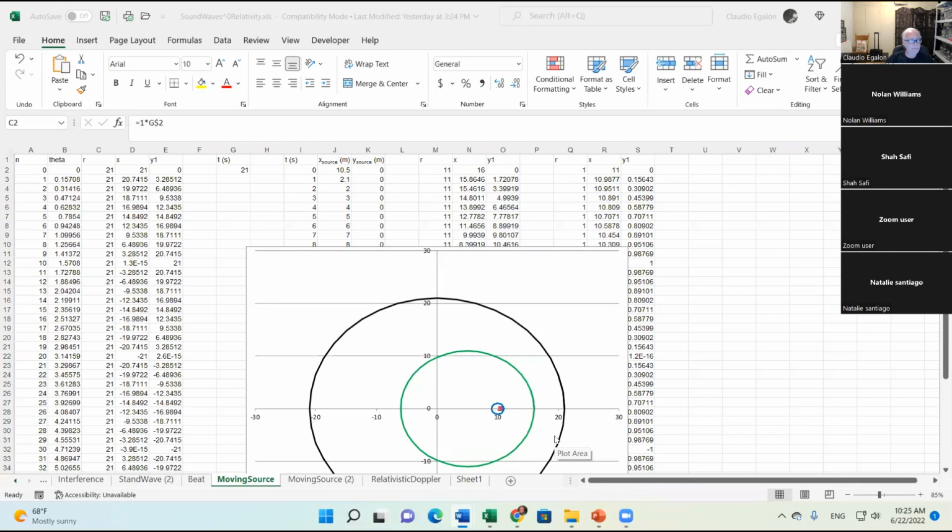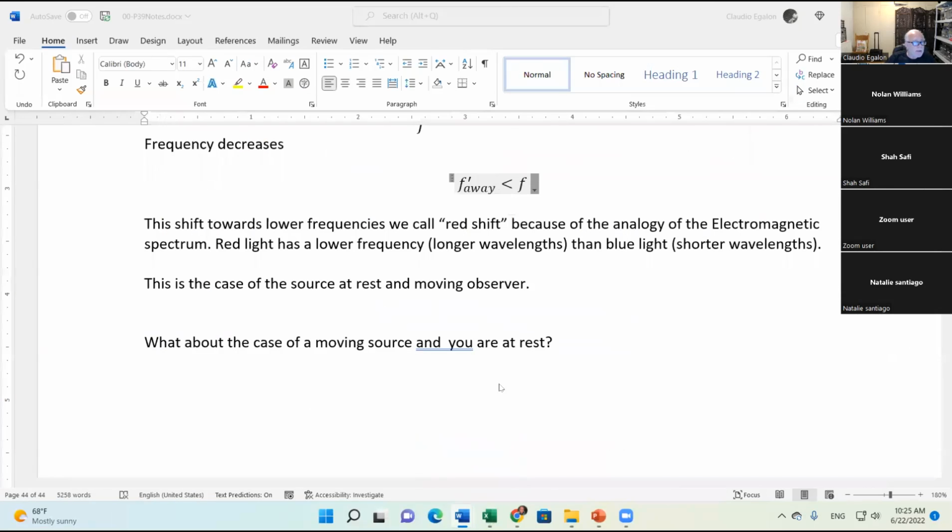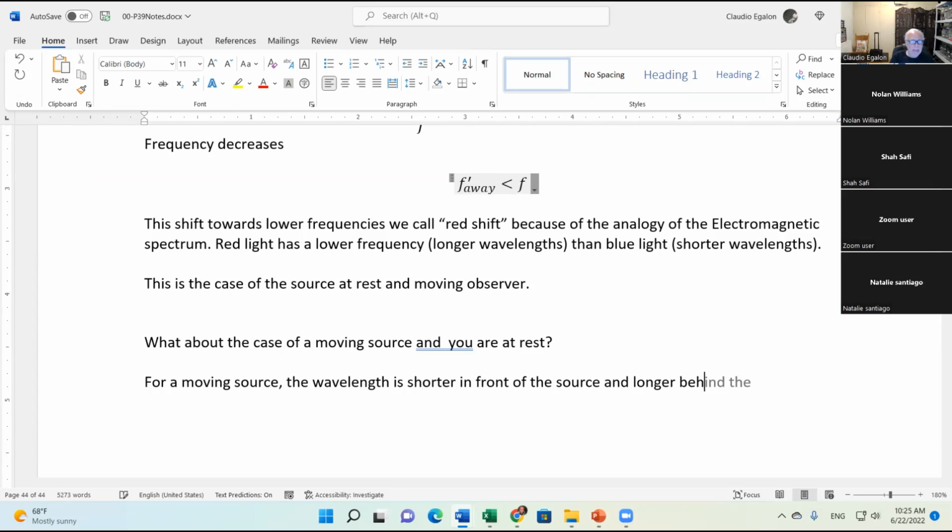For a moving source, the wavelength is shorter in front of the source and longer behind it.